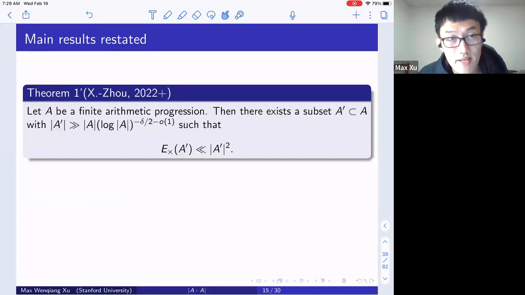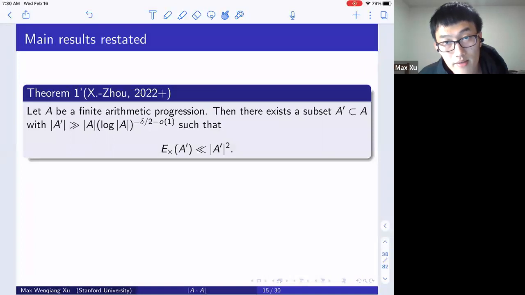So now I restate our results. The first one is about the multiplication table problem for arithmetic progressions. Our result can be restated in the following way. Let A be a finite arithmetic progression.